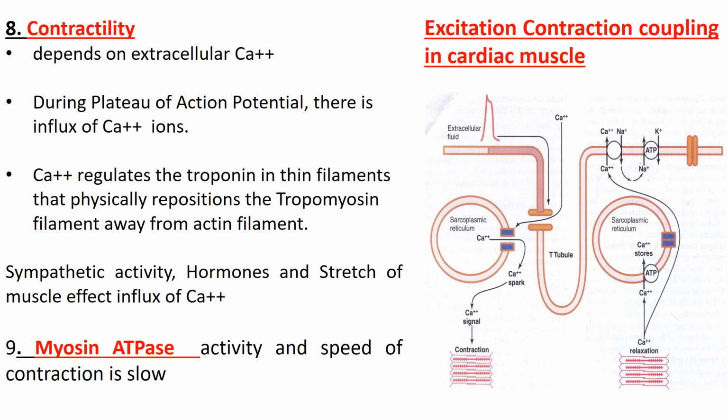The source of calcium in case of cardiac muscle fiber is extracellular fluid as well as sarcoplasmic reticulum. The influx of calcium from the extracellular fluid depends upon nervous activity, certain hormones, and stretch of the muscle fiber.